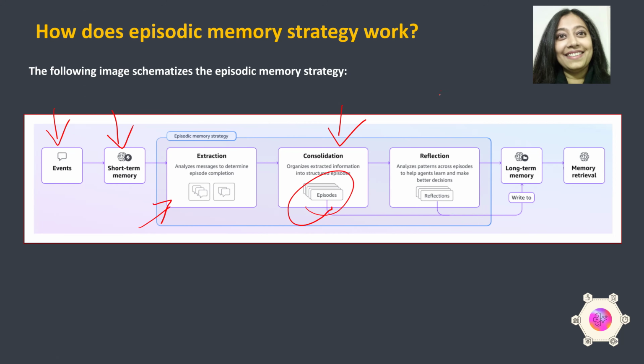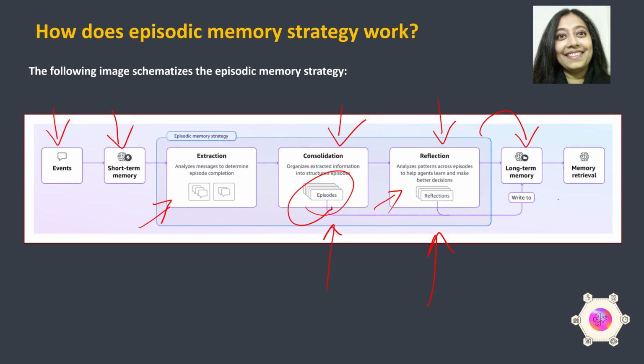Along with that, what happens is reflection. Reflection is nothing else but lessons learned or insights gained across all the episodes. That's where you have your reflections. Remember, your reflections can now help you make better decisions going forward. And this is what is written into your long-term memory. Your episodes as well as your reflections are written into your long-term memory.